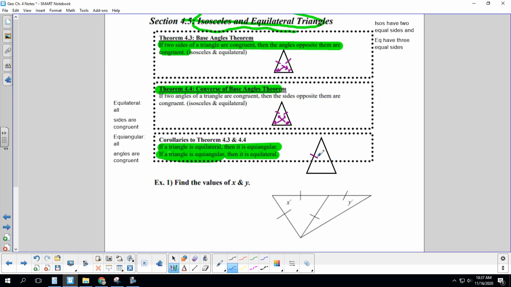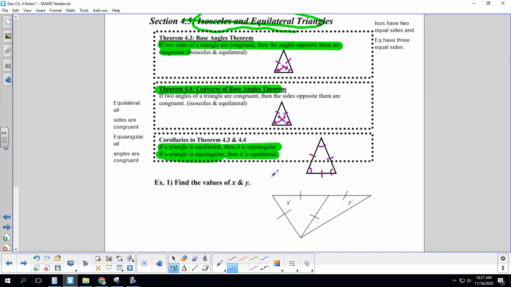If all three sides are the same, then you know all angles are also the same. And conversely, if you're given that all the angles are congruent, then you can say all the sides are also congruent. We're going to use that property for this example.